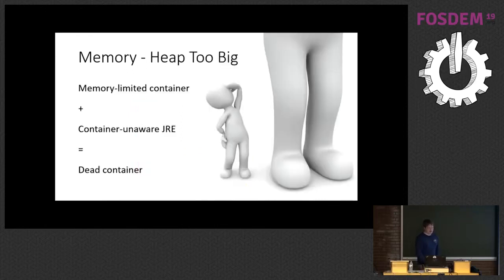Now, one of the benefits of a memory-limited container is you know exactly how many you can fit on your machine without making the machine's operating system start to starve of resources. The problem is that if your JRE is not aware of the container's restrictions on resources, and why that is will be going into a bit later, it can be killed.